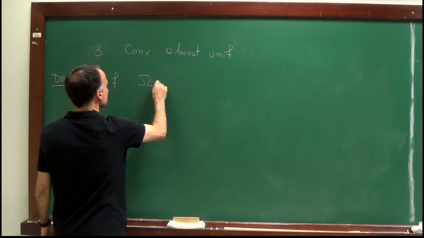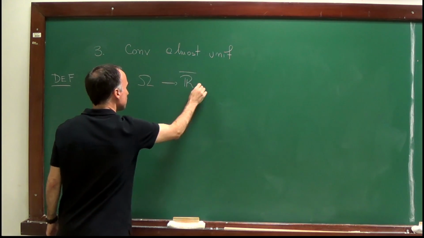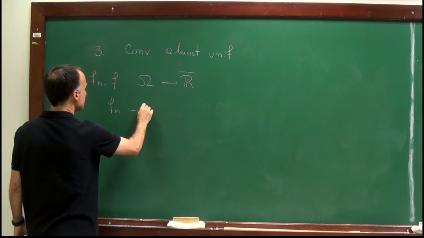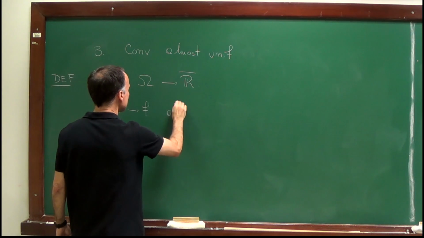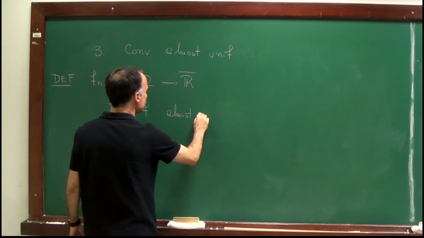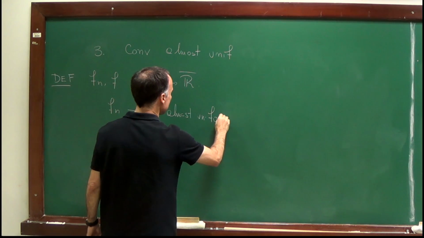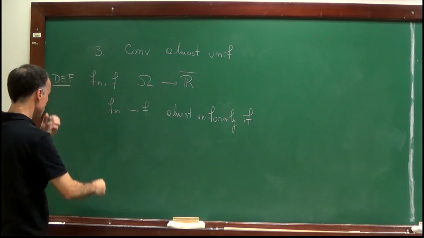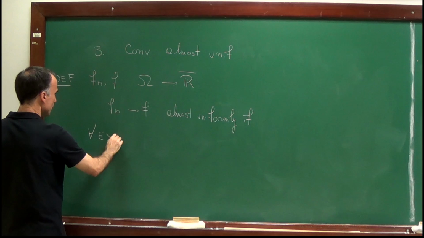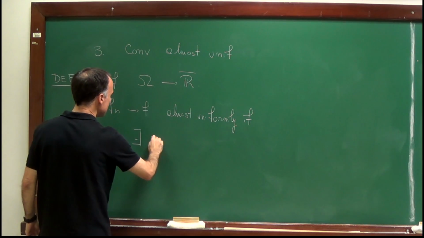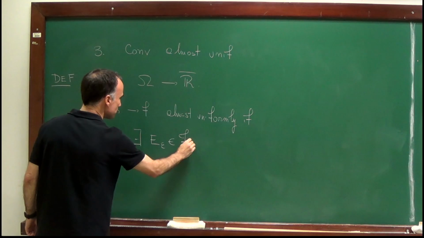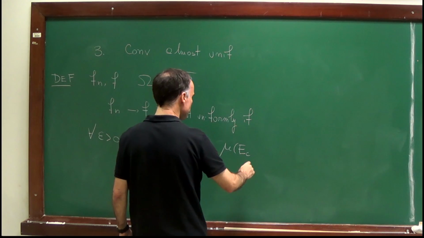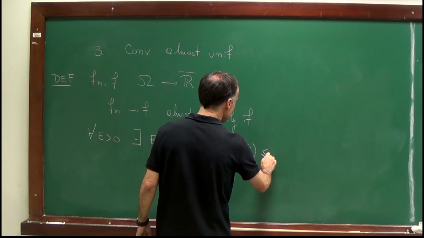We have functions defined on omega taking values in R bar, and we will say that fn converges to f almost uniformly if for every epsilon I can find a set E epsilon in the sigma algebra F such that mu of E epsilon complement is smaller than epsilon.